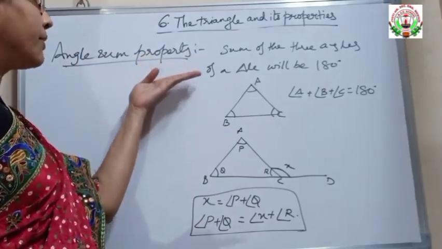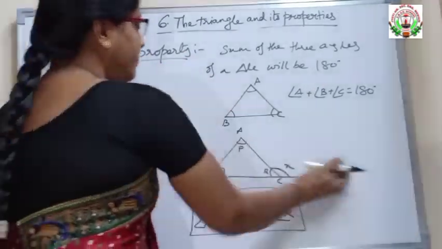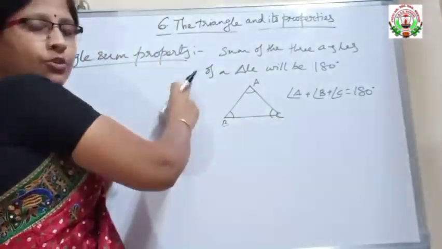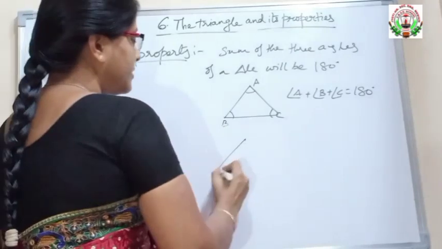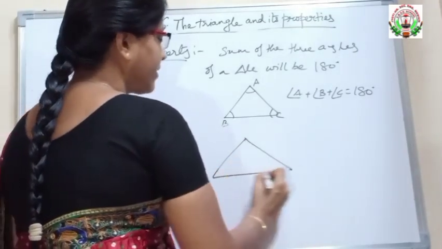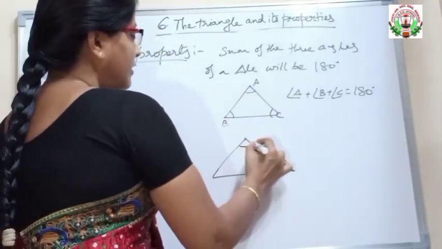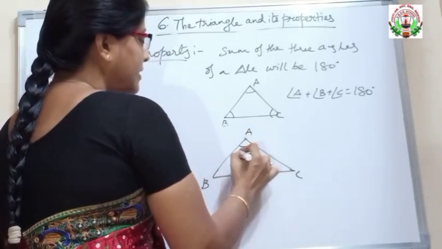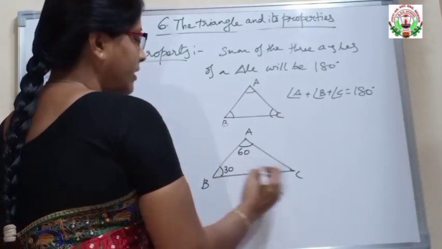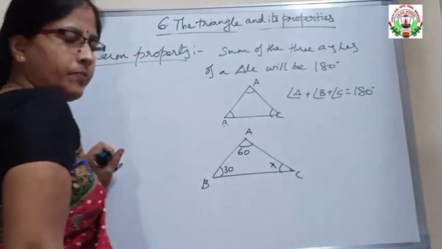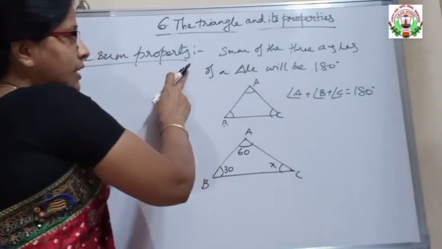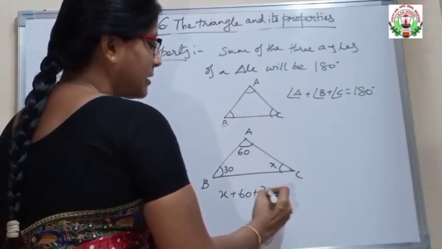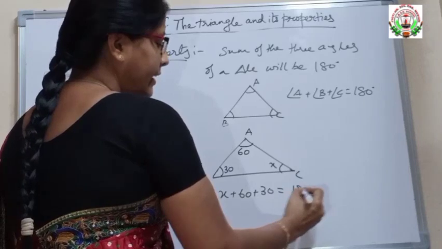Now, how are we going to use this angle sum property to solve our problems? Example: here is a triangle ABC. Think this is 60 degrees, this is 30 degrees, and this is X. We have to find this X. Using the angle sum property, X plus 60 degrees plus 30 is 180.